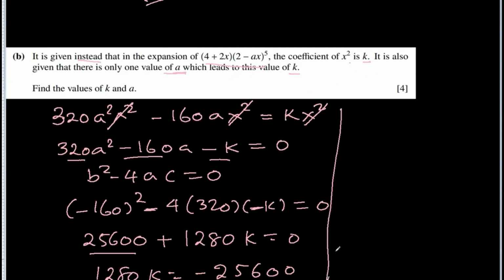So let's find the value of a here now by placing the value of k, which is minus 20. So it becomes 320 a square minus 160 a plus 20, because minus and there is a negative 20, negative and negative, it will become positive 20. And now we have to factor this again. So let me do it hurriedly. Because it's a perfect square, we'll get only one answer, we know it.